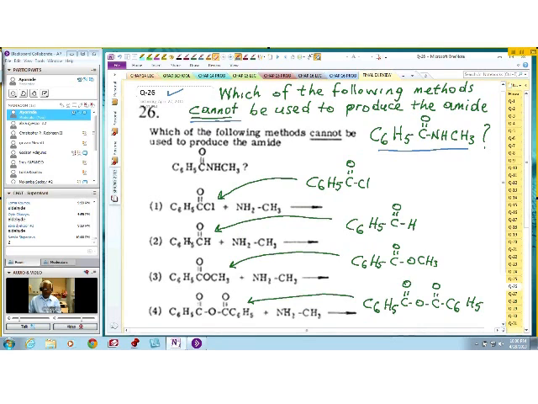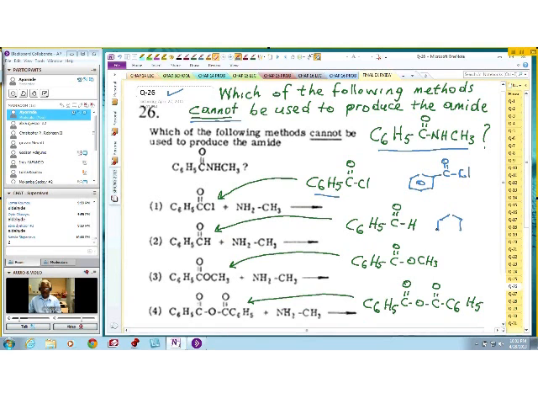Here you have benzaldehyde right here. C6H5 is actually this here, so let me write it out for you. This here is, of course, the aldehyde.